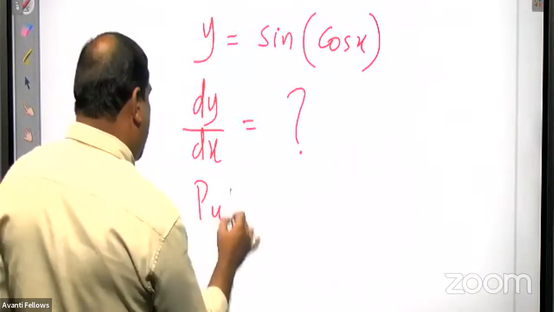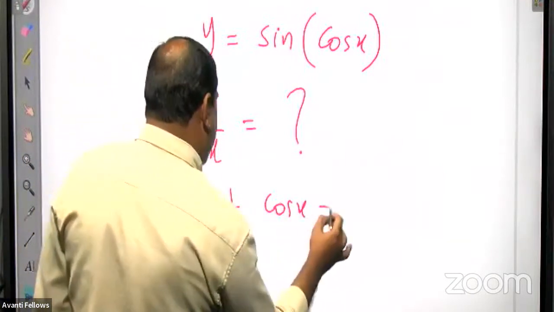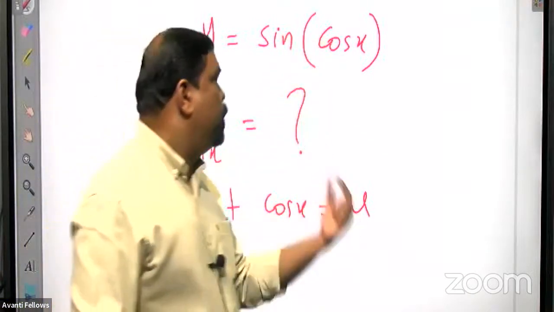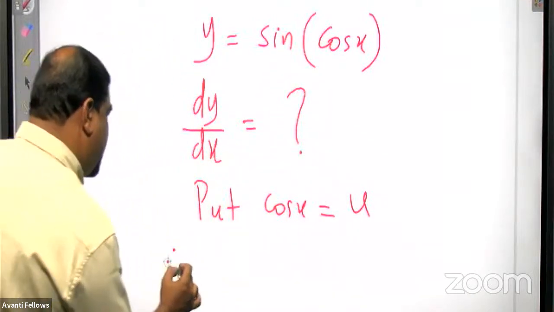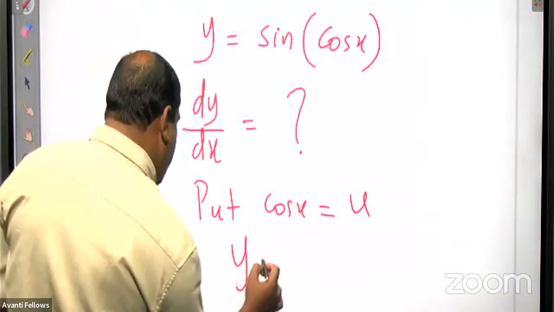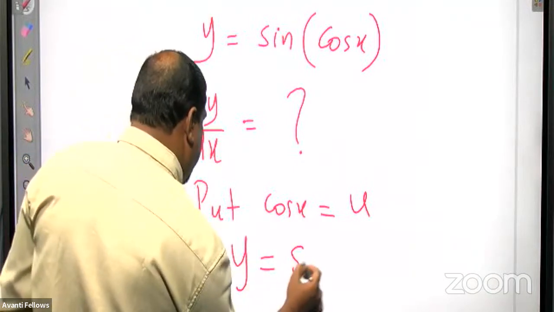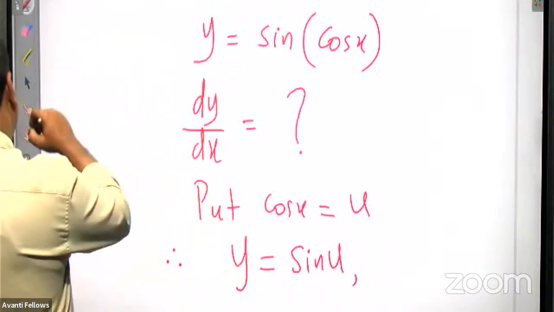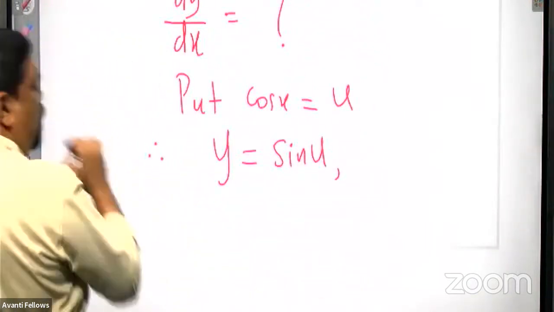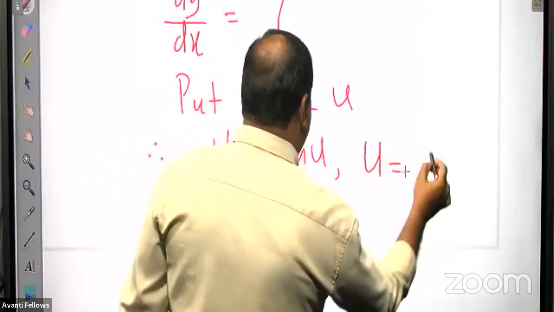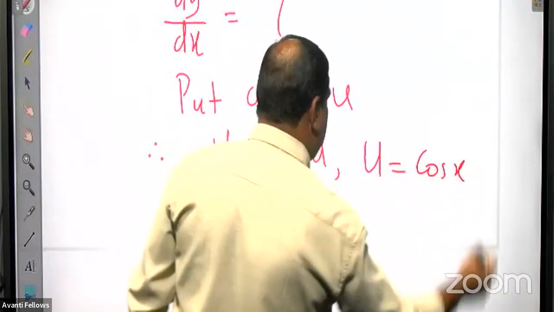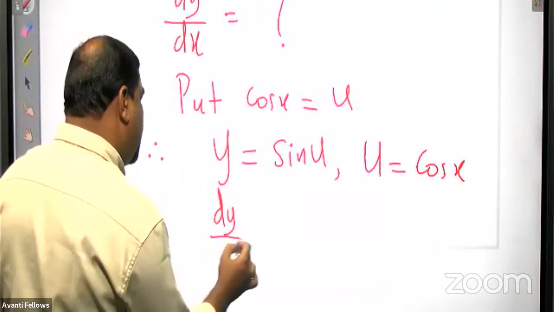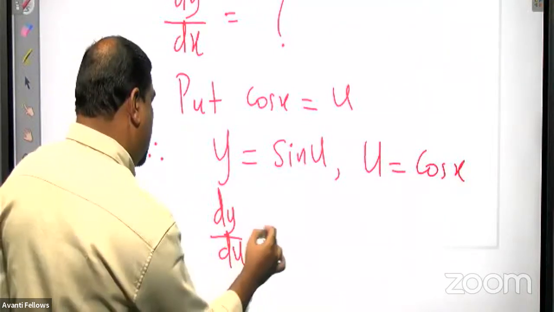So we take the cos x inside the bracket as u. Our given function y becomes sine of u. And remember, u is cos x.